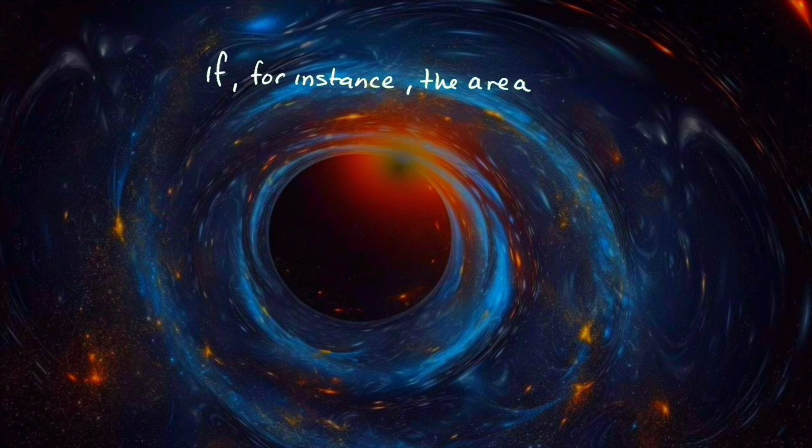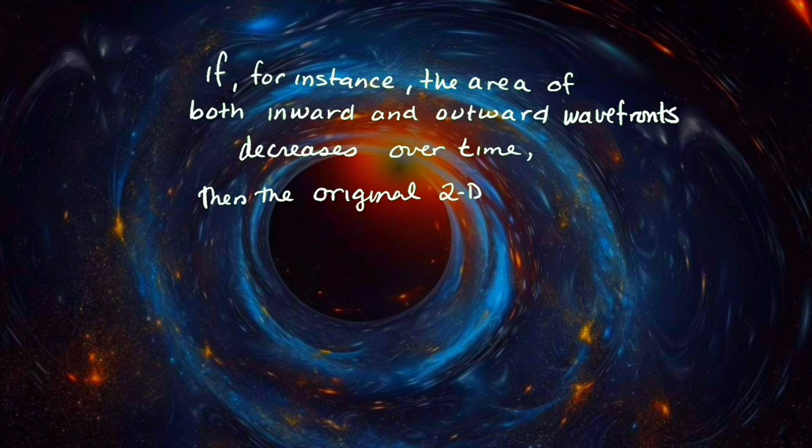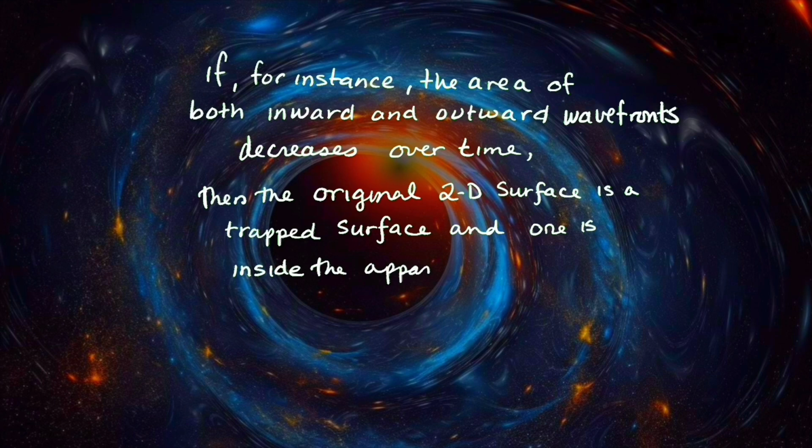If, for instance, the area of both inward and outward wavefronts decrease over time, then the original two-dimensional surface is a trapped surface, and one is inside the apparent horizon.